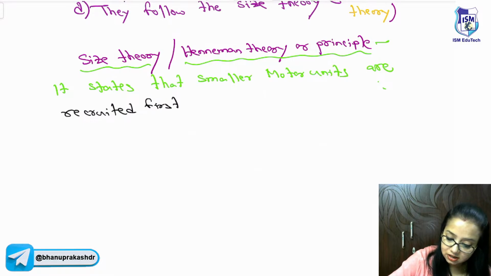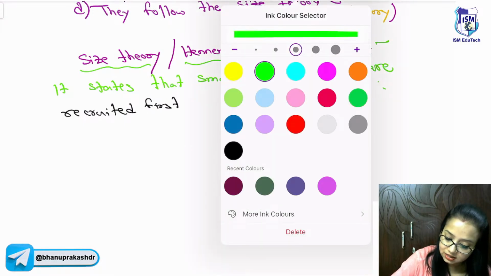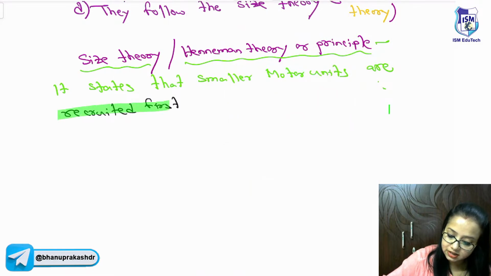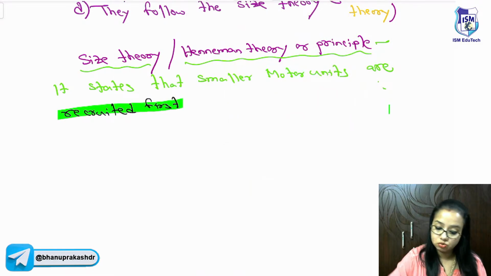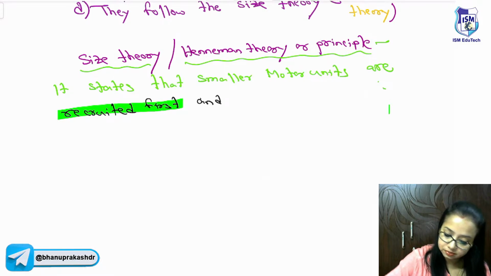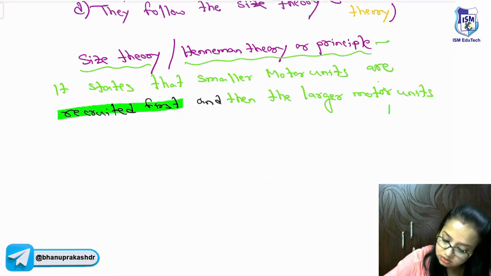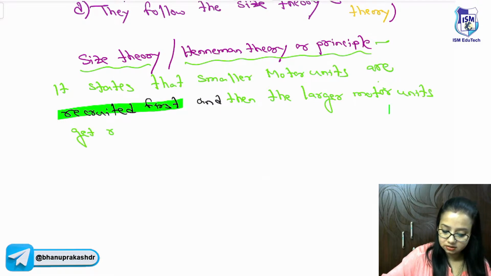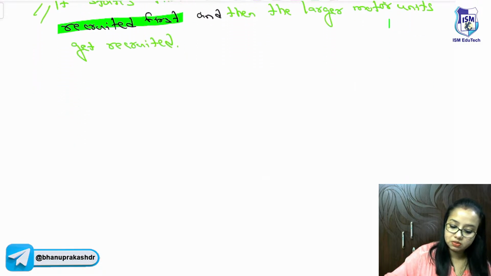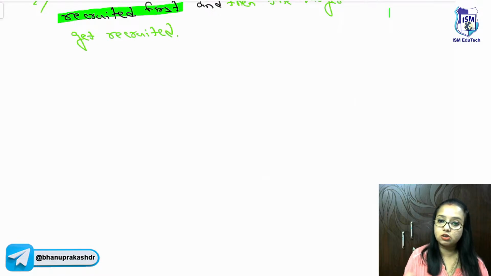Means they get the wave of contraction sooner. Okay, first, and then the larger motor units get recruited. Means motor units that have more muscle fibers contract later.